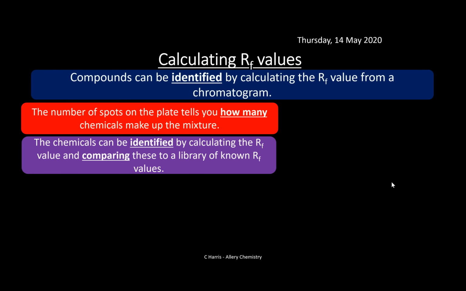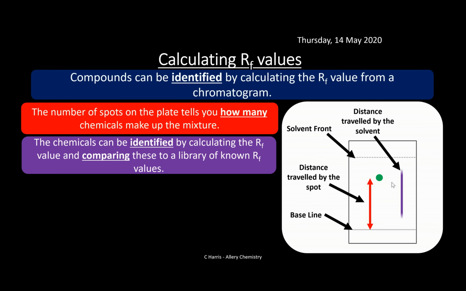of known RF values. So if we can see here, we've got our chromatogram that's already been produced. This is the one that we pulled out of our beaker. You can see we've got a solvent front that's drawn in on the front, and we have the distance that's been travelled by our spot, which goes up the top, up there. So that starts to migrate up.